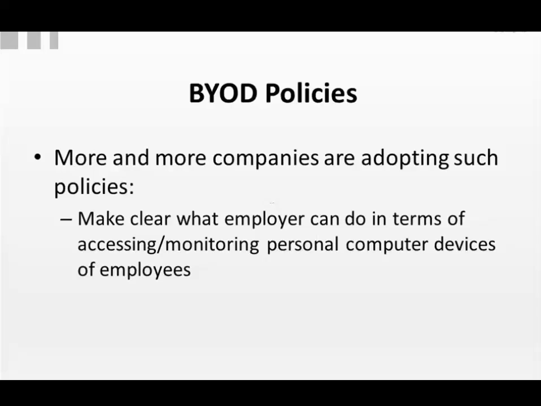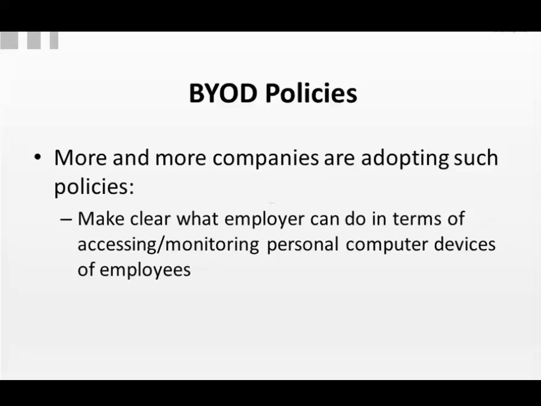So you might tell employees that you can't bring a device into certain areas of your facility. You may also restrict employees from performing work on their devices when you're providing them their own computers for that purpose.